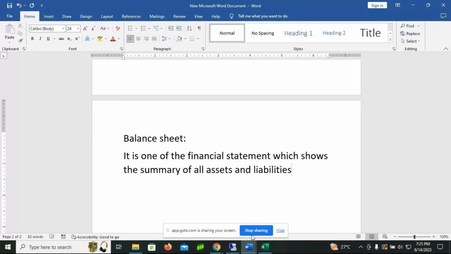It shows all the assets and liabilities. So are you people aware of what assets and liabilities are?